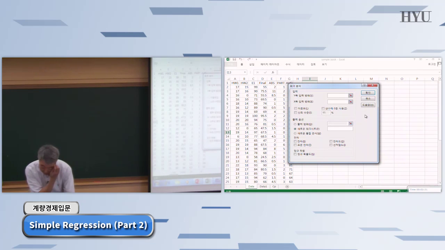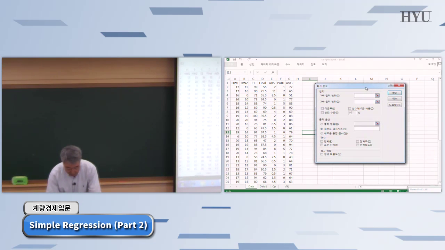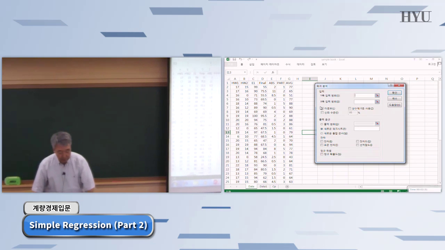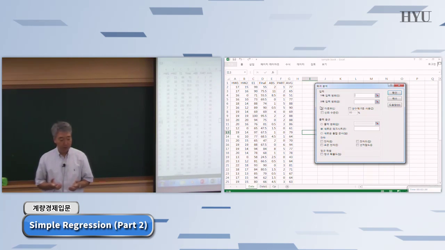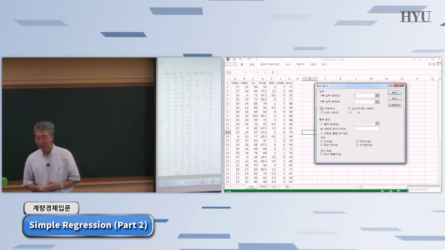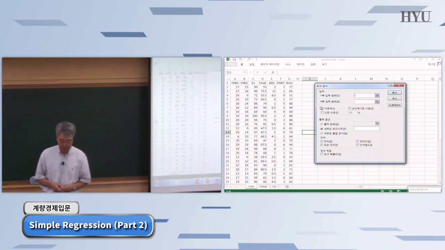Right? All right, now we have to enter our information for y variable and x variable. Okay? All right, here I have some actual data. What does it look like? Any idea what this is about? Yeah, this is my grade book, right?